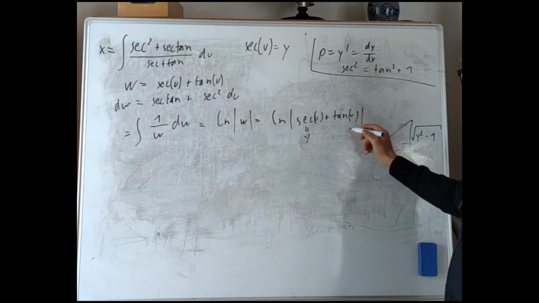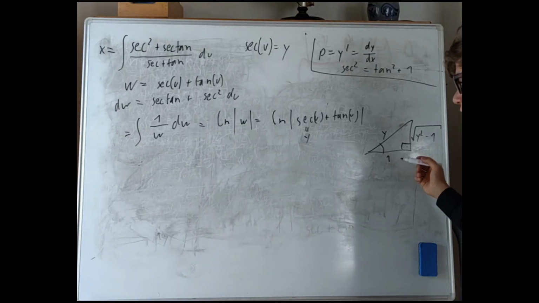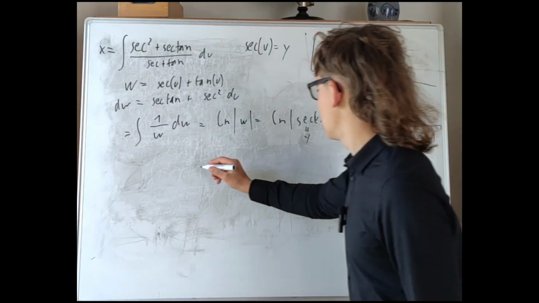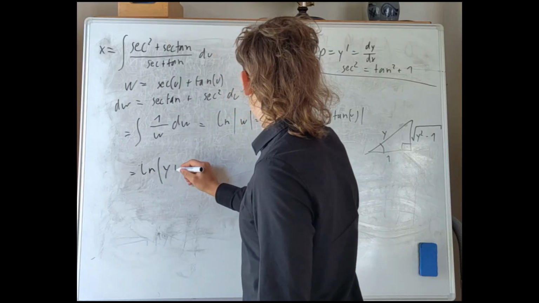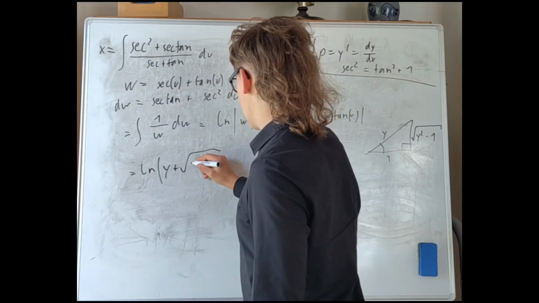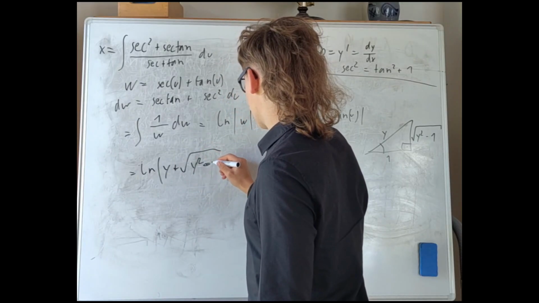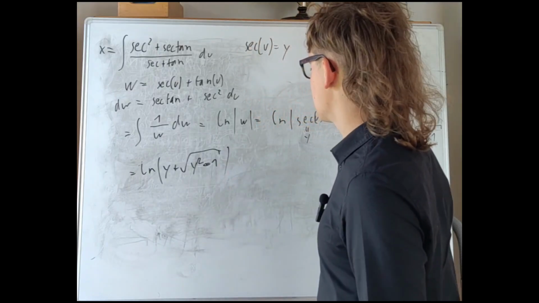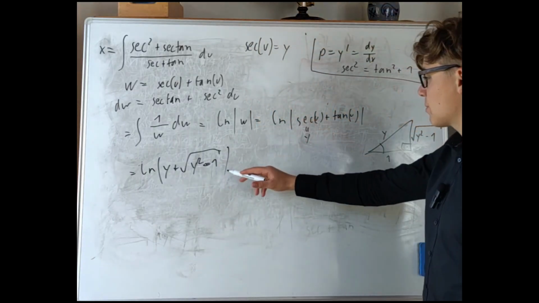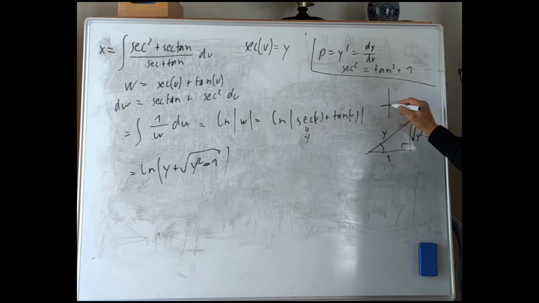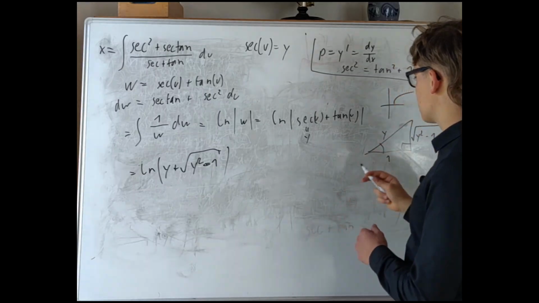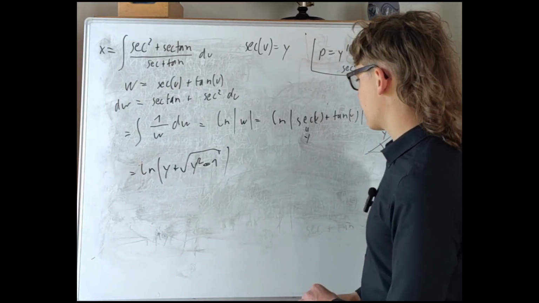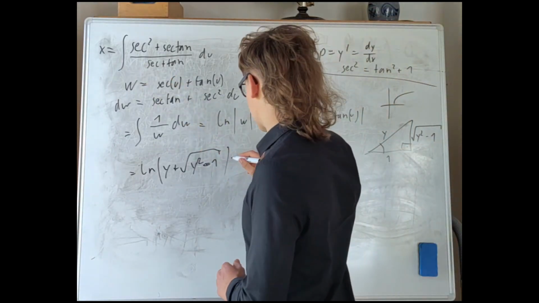And tangent gives us opposite over adjacent, so this is the square root of y squared minus 1. So we get ln of y plus the square root of y squared minus 1. And I forgot the absolute value, because of the domain and stuff, I can't explain it rigorously, but it's okay. And of course this is equal to x.